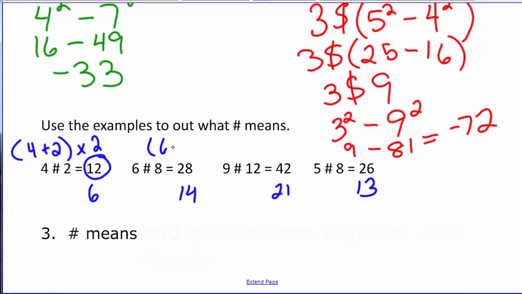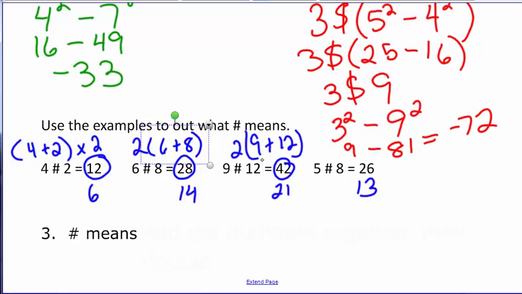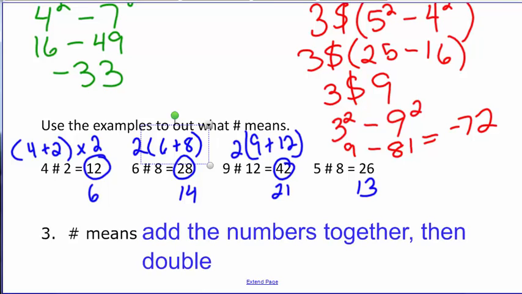Or if I take here 6 plus 8, that's 14, and if I double 14, I'm going to get 28. And 9 plus 12, 21, and if I double that, I'm going to get 42. So my rule is going to be add the numbers together, then double. And that's how we work with binary operations.